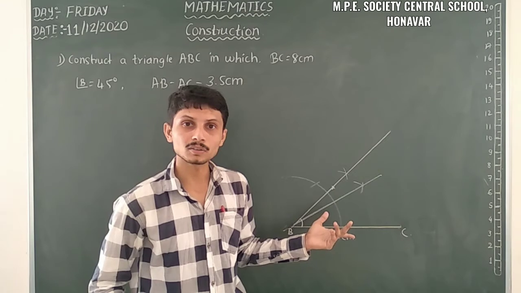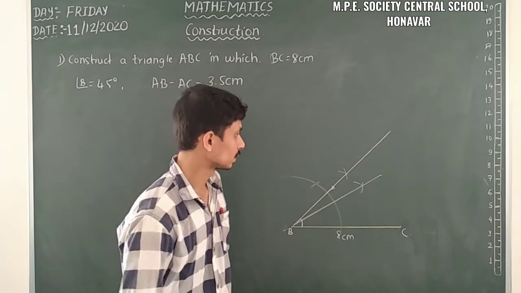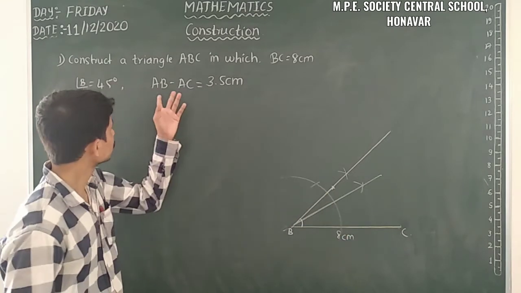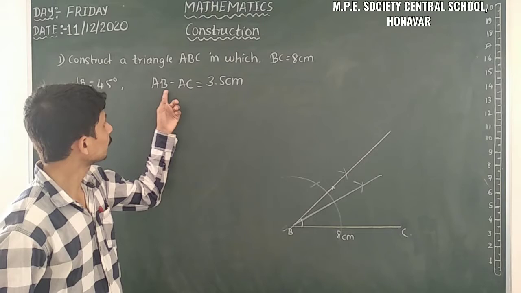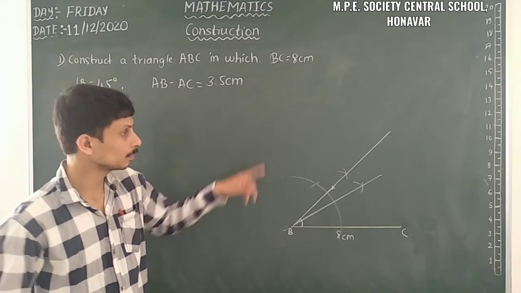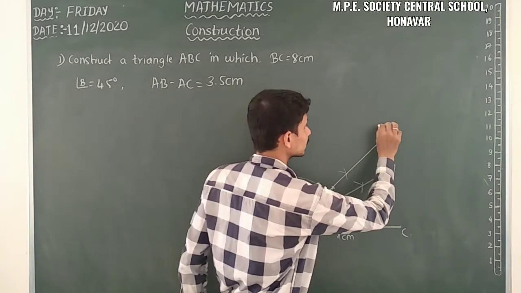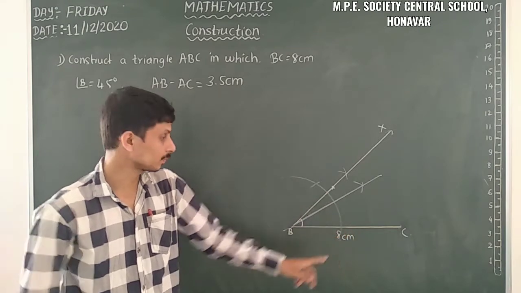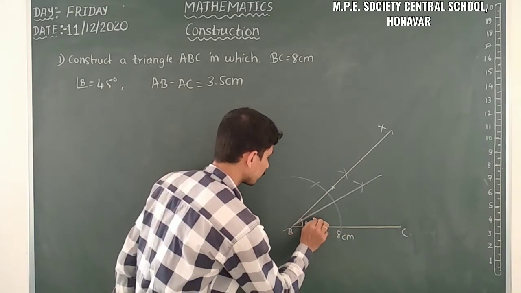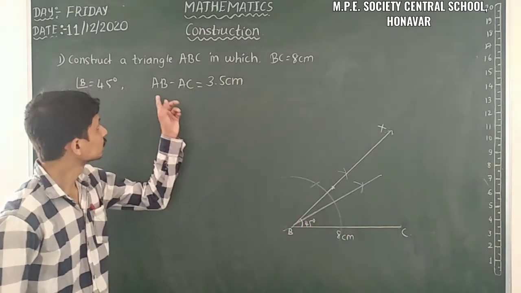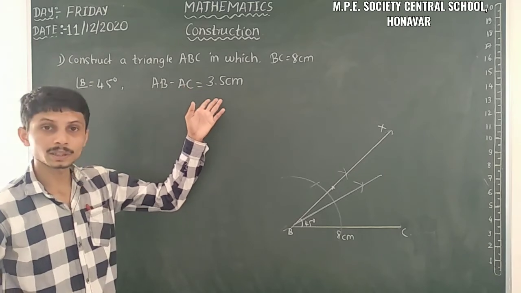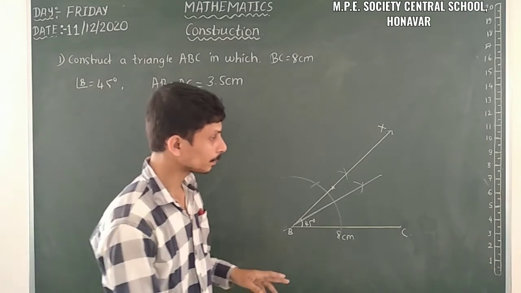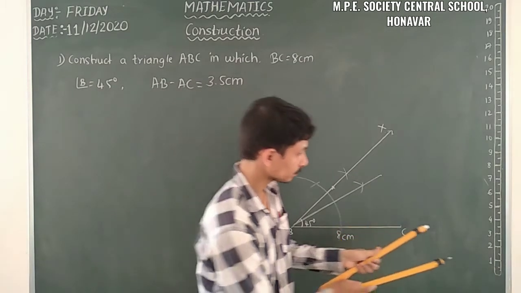Then we have to take the similar process. What is the similar process we have? Here we have AB minus AC is equal to 3.5 cm. This one is X, BX it is. So angle XBC is equal to 45 degree we have. And then AB minus AC is equal to 3.5 centimeter. Take 3.5 centimeter length.